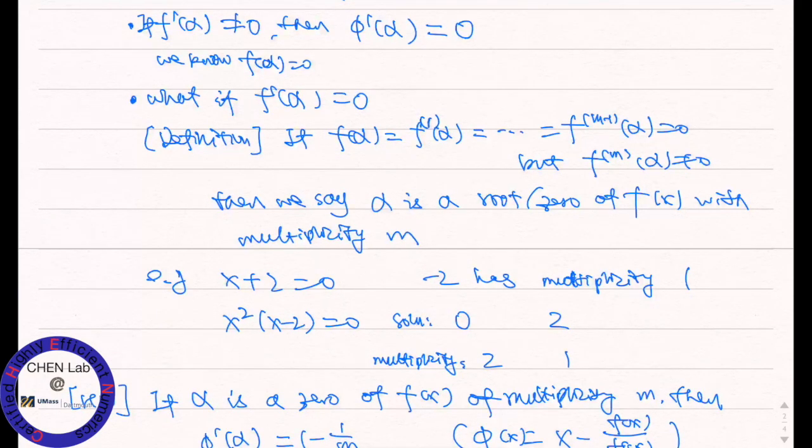So for the case we already resolved, we concluded phi prime alpha is equal to 0. For this case, f prime is not 0, which means our m is 1. So its derivative is 1 minus 1, which is 0.